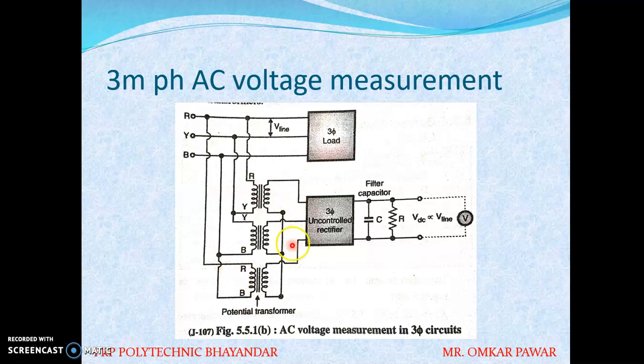Likewise, we convert this AC voltage into DC voltage with the help of a three phase control rectifier that will produce pulsating DC. In order to get pure DC, we use a filter circuit which gives a pure DC, and this is a resistance.